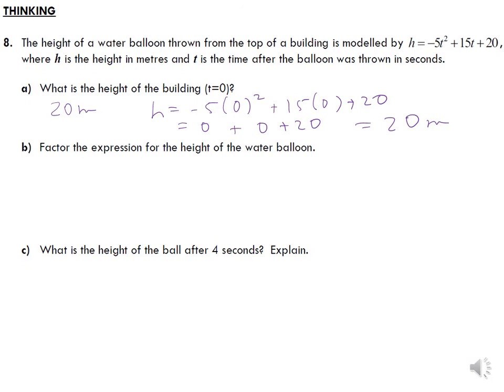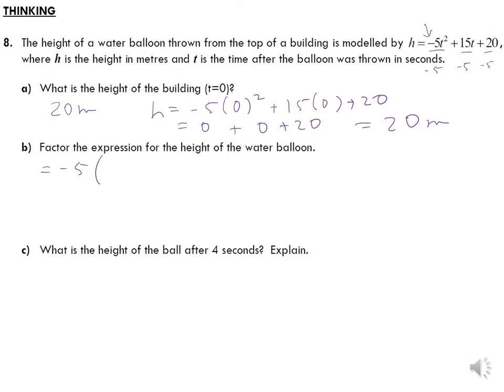Factor the expression for the height of the water balloon. So we want to factor that. First thing, is there a common factor? Yes. And remember, whenever this first number is negative, you want to divide everything by the negative. So we're going to divide everything by -5.